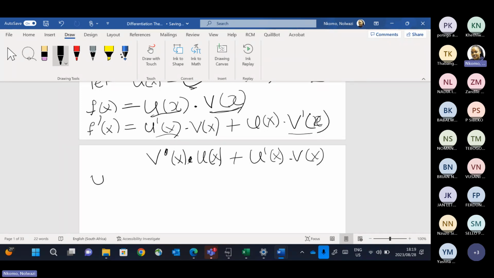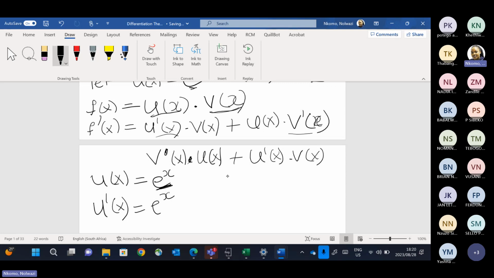Okay, we said u at x is equal to e to the power x, right? And we want to find u prime at x. Okay, we said if we are given a function e to the power x last time, the derivative of that function is this function itself, right? So this means the derivative of u at x would be e to the power x, because the derivative of this function is itself.